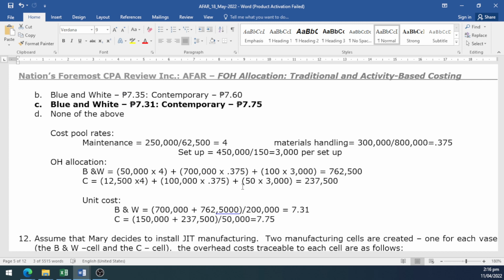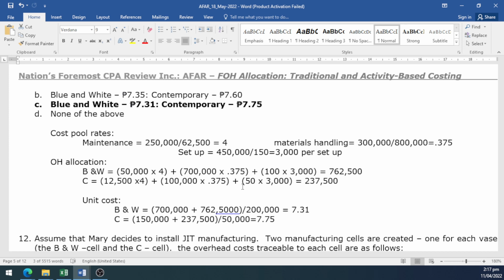So you compute the overhead allocated to blue and white and contemporary, respectively, by multiplying the cost pool rates or activity rates by the activity consumed. Halimbawa, kay blue and white, 50,000 machine hours times 4. Yan yung allocated maintenance cost. 700,000 times 0.375 na material moves. Handling. Yan yung allocated handling cost kay blue and white.